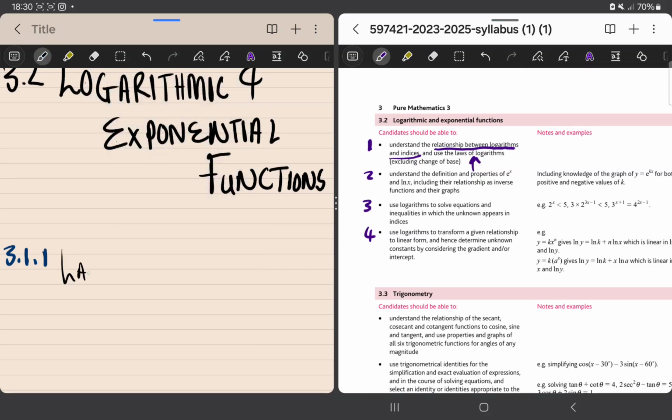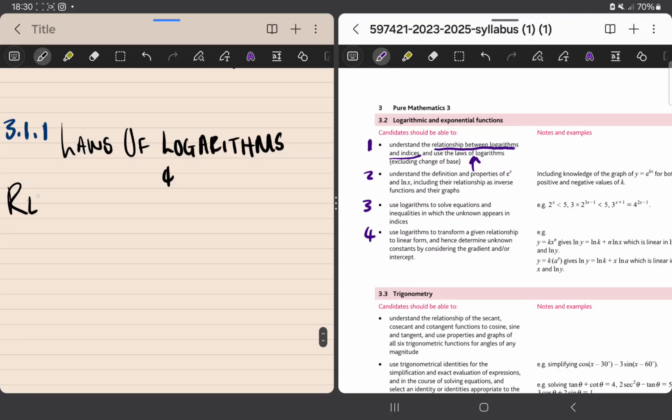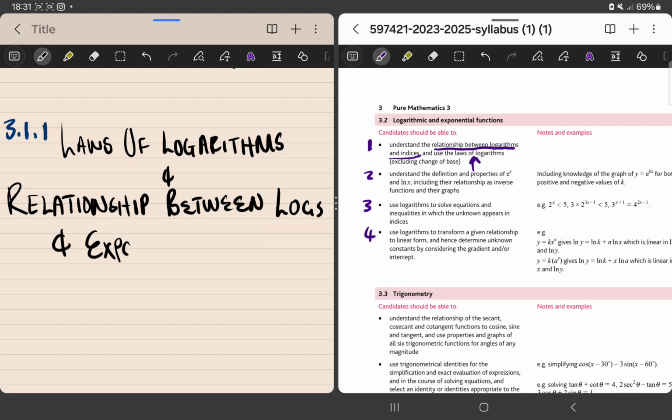Number 1, we'll do laws of logarithms, and the relationship between logarithms, so logs and exponents. They didn't say functions, they just say between logarithms and exponents. So we would see how we come from exponential form to logarithmic form, and from logarithmic to exponential, and what some special cases of logs are.